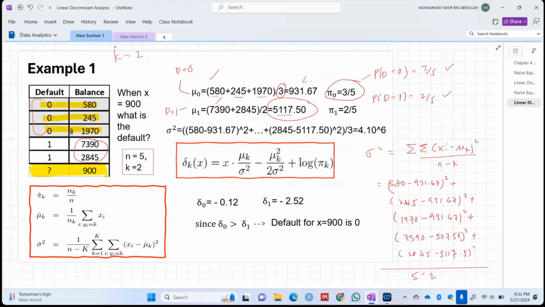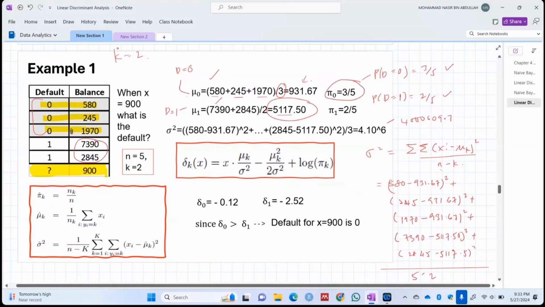So 5 minus 2, that's why we got 3. So this is 400,609.72. You need to calculate that and then you will get the exact value.